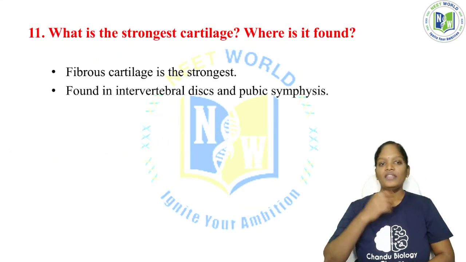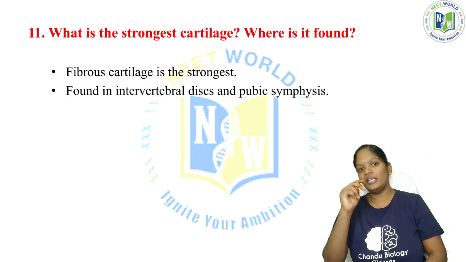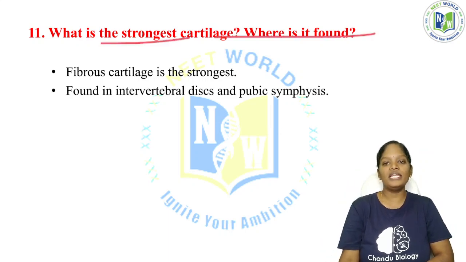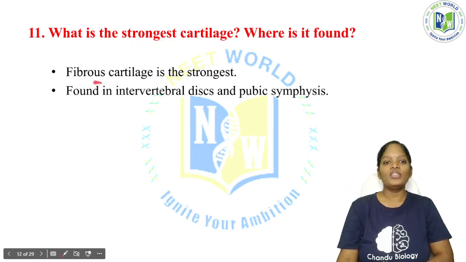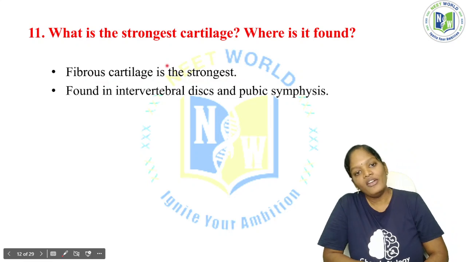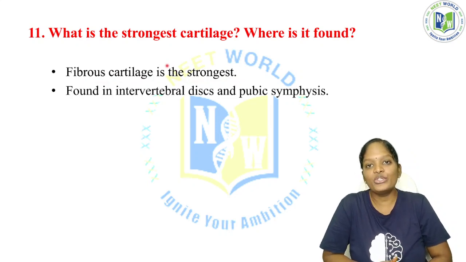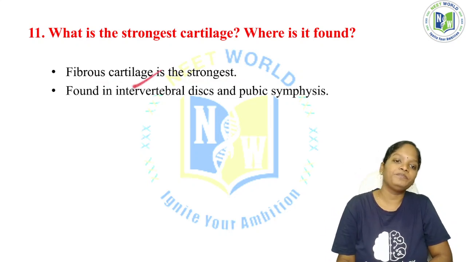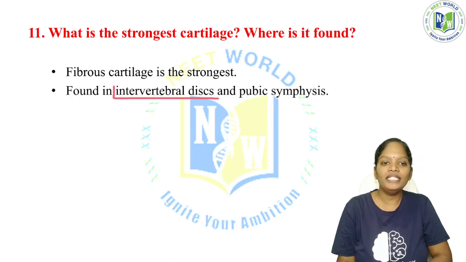Now the next question is about the strongest cartilage. What is the strongest cartilage, and where is it found? Fibrous cartilage is the strongest when compared to elastic cartilage. Of all these cartilages, fibrous cartilage is considered the strongest. It is found in the intervertebral disc and the pubic symphysis.